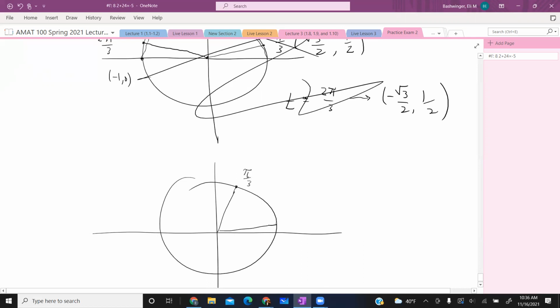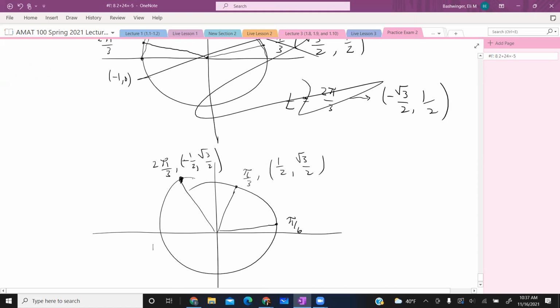I wrote something down here. That's pi over 6. Pi over 3 has coordinates 1/2, √3 over 2, and so 2/3 pi is right here, and the coordinates for this are: you negate the x coordinate and then just keep the y coordinate the same. So -1/2, √3 over 2.